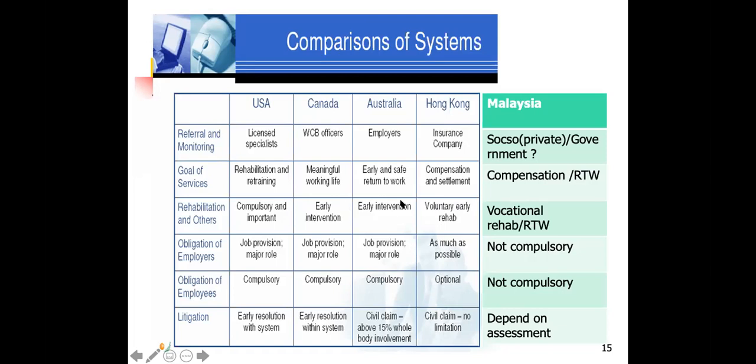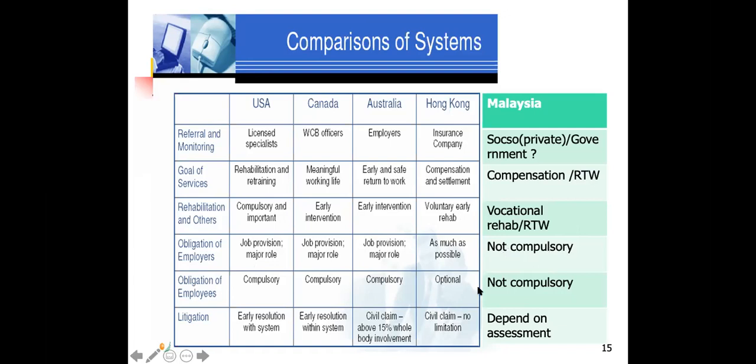So Australia early intervention, Malaysia vocational rehab, return to work. So in Malaysia obligation employers, kalau you tengok obligation employers, in Australia employers ni play a major role. In Malaysia not compulsory to do rehab.